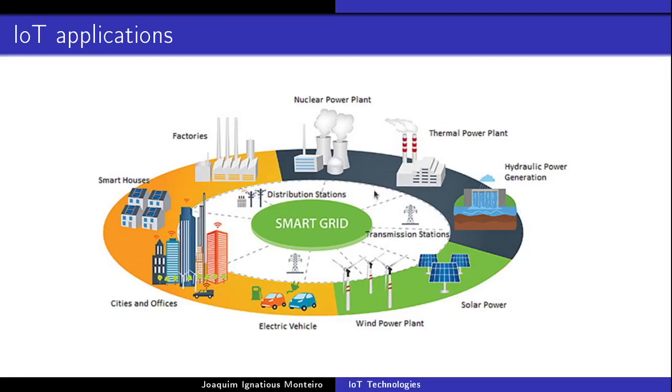So the smart grid is going to connect a lot of things, and it will be much more robust and much more resilient to failures. You are able to get near real-time updates about the demand as well as the supply side, and you could take decisions based on that.